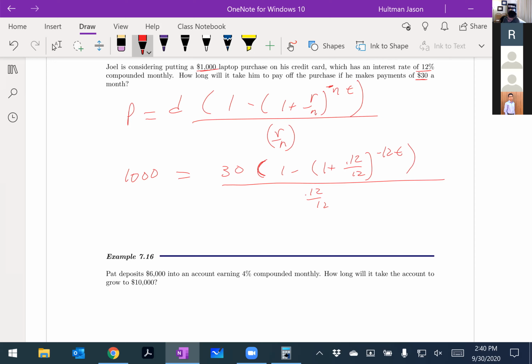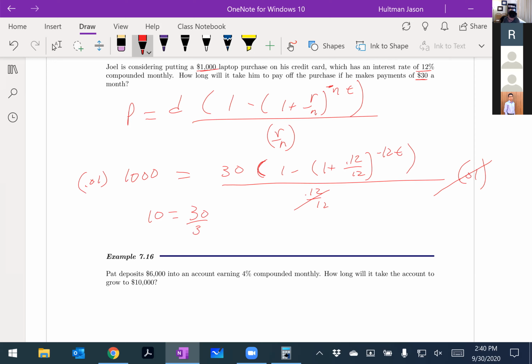Well, the bottom here is 0.01, so I'm going to multiply by 0.01 to get rid of that. 1,000 times 0.01 is 10. So that goes to 10, and we get 30 over here.